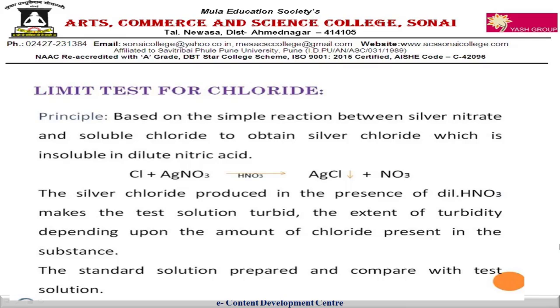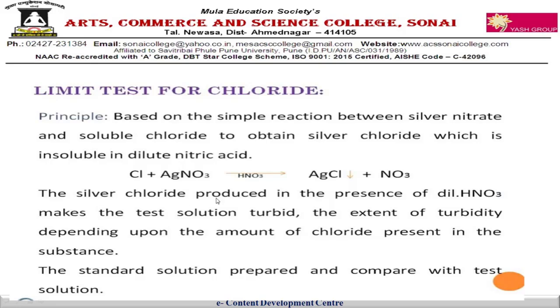So first start with the limit test for chloride. The principle is that it is based on the simple reaction between silver nitrate and soluble chloride to obtain silver chloride, which is insoluble in dilute nitric acid.